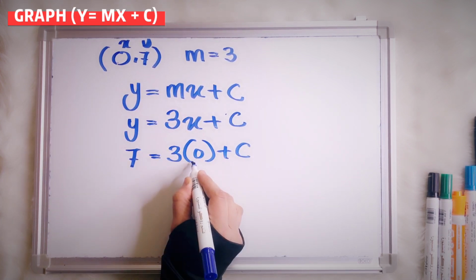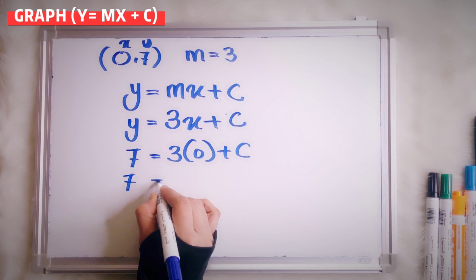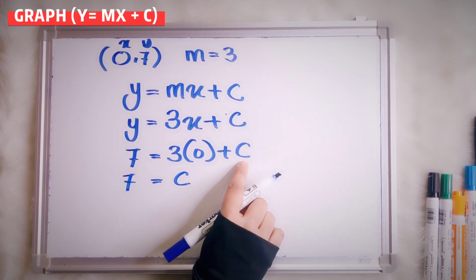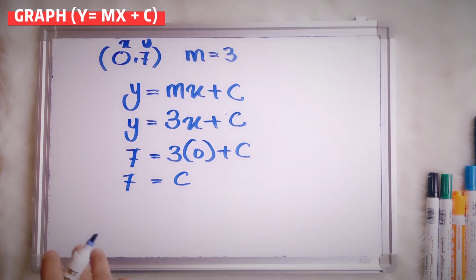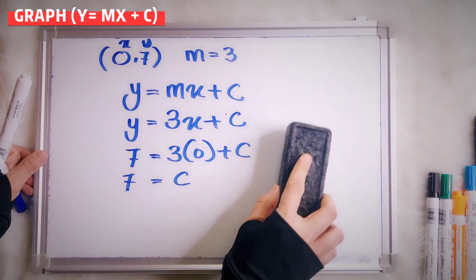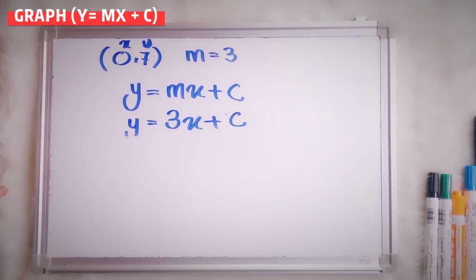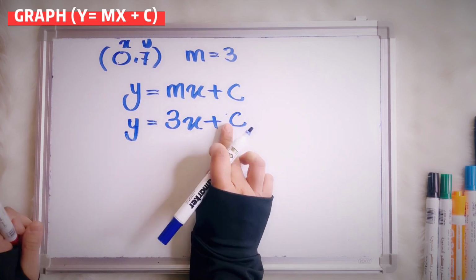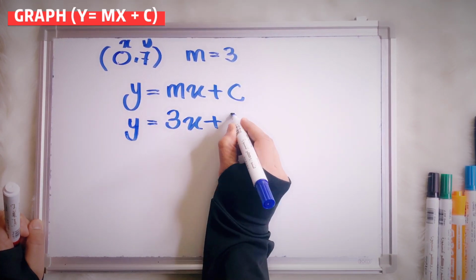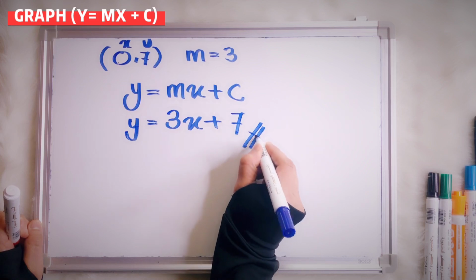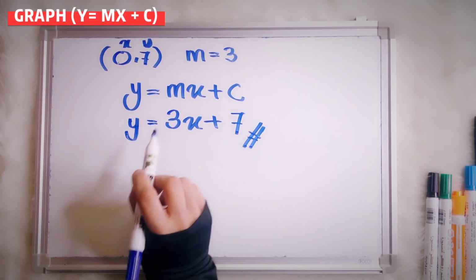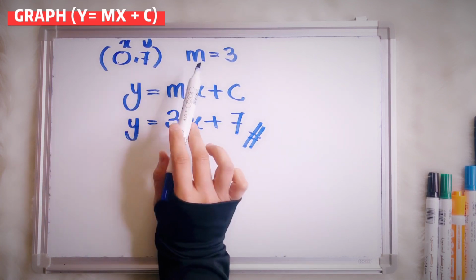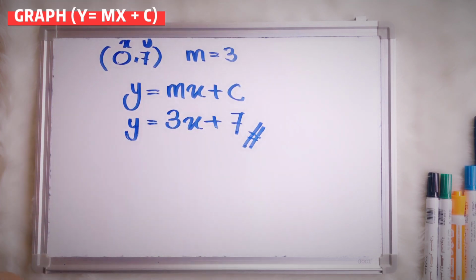So now here is 0, so your c is 7. If you already know this, you can straight away replace your c with 7. So this is the equation for coordinate (0, 7) and gradient equals 3.